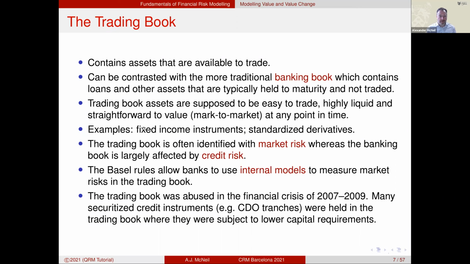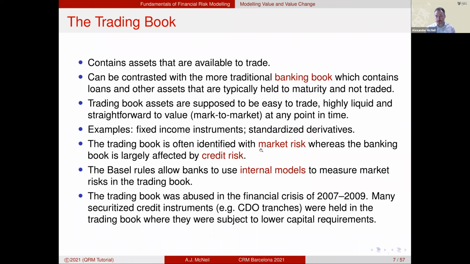In the trading book, there will probably be a lot of fixed income instruments and more standardized derivatives, equity derivatives, foreign exchange derivatives. And we identify these kinds of instruments with market risk.